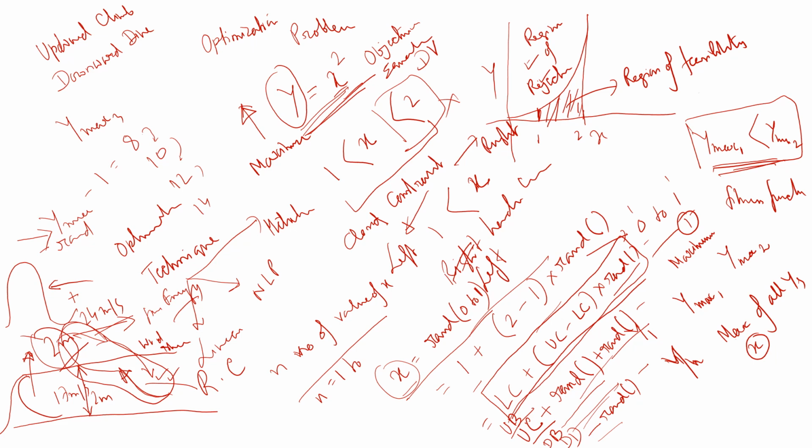More simple than the relic cycle. Here also we are following a cycle: improve, improve, improve. This is the boundary. No, I cannot cross this boundary.